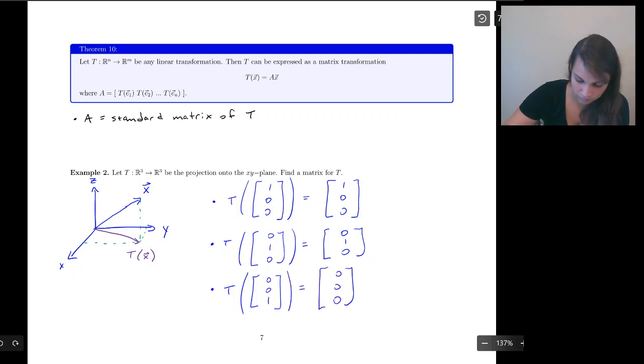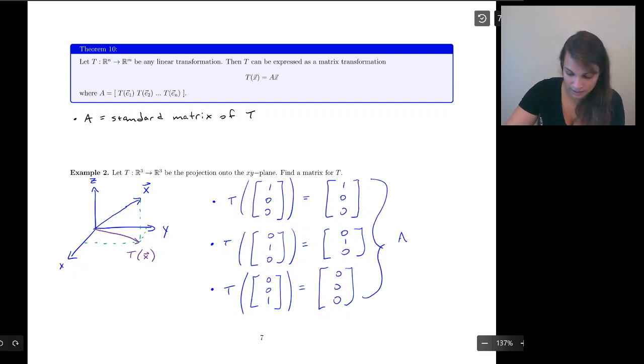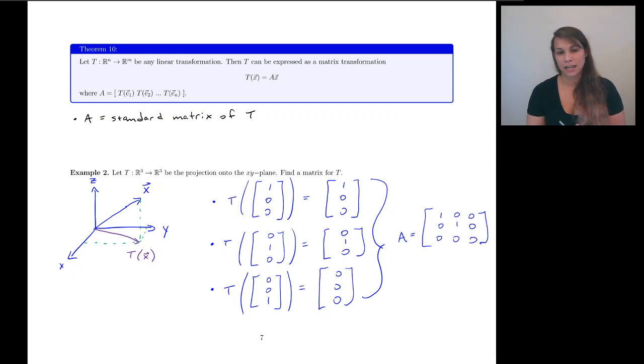So that's what we're doing. No z component. And then we take these and we can construct our matrix A. So the very first one is our first column. The second one was the second column. The last one was the last column. There you go. This matrix will take any vector in R3 and project it down to the xy plane.